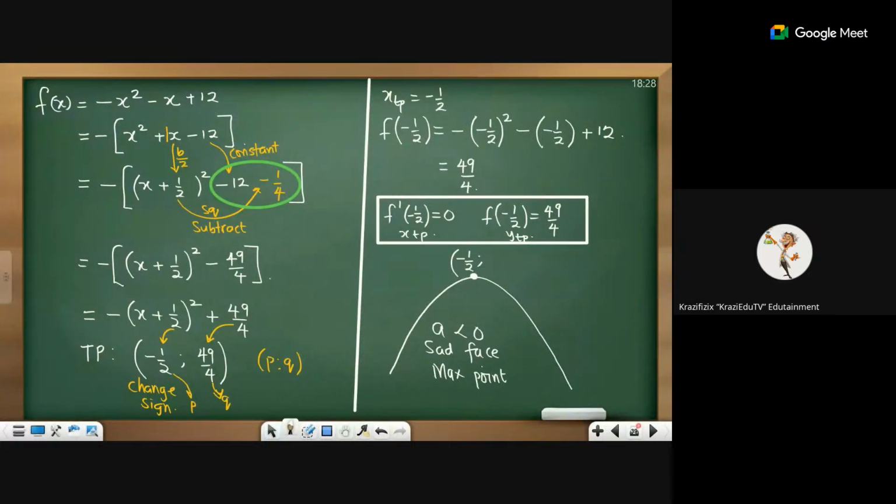Negative half. Now, what is the importance of this? This would actually help me find my range. We have said the maximum point is this part. It means if that is the maximum, all other values must be less than that.